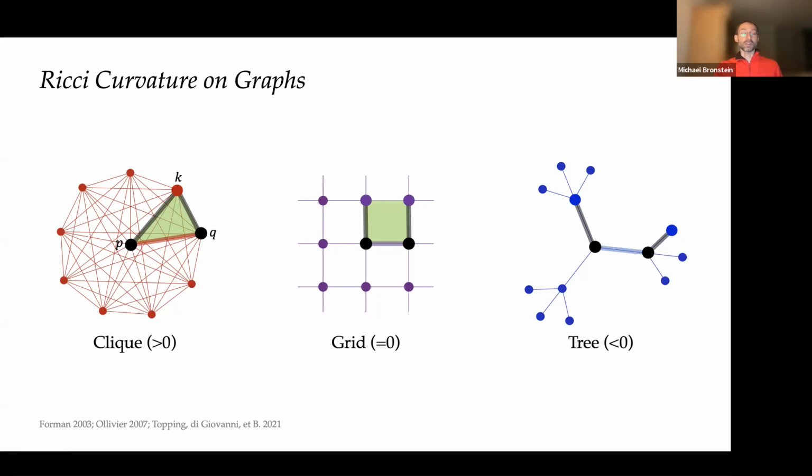This is analogous to geodesics that converge, so we can call this positive curvature. If they tend to form rectangles, this is kind of remaining parallel, right? So we have zero curvature. And in trees, they actually diverge, so they don't form any of these objects. So we are talking about negatively curved structures.